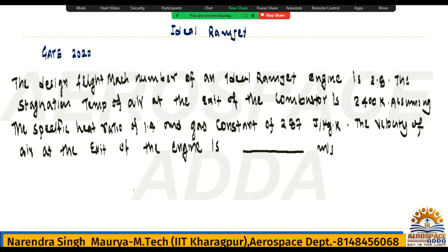Round up to 1 decimal place, and this question is for 2 marks.